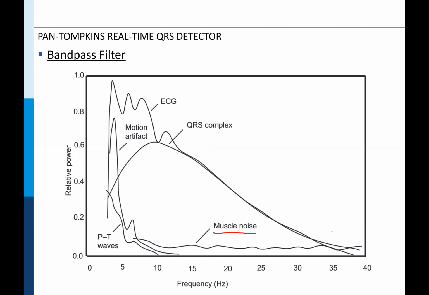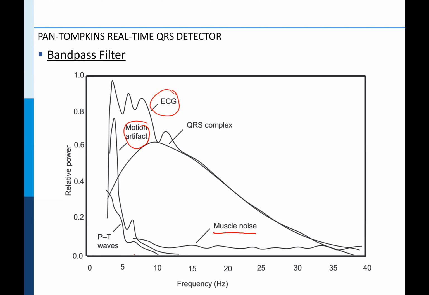Here the frequency of interest for the given ECG signal is below 40 Hertz, so the bandwidth occupied is around 40 Hertz. In the low frequency, there is also the motion artifact. The motion artifact is typically below around 7 or 8 Hertz, and it tends to peak around 4 Hertz.